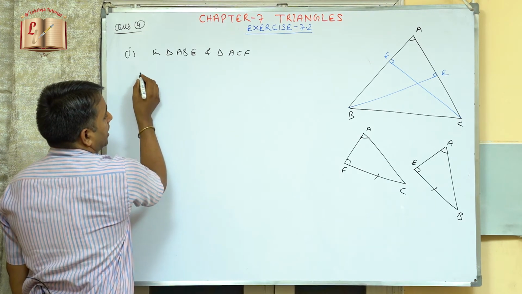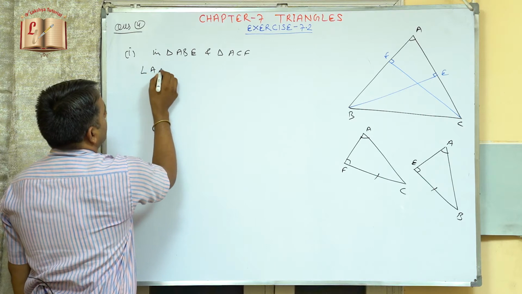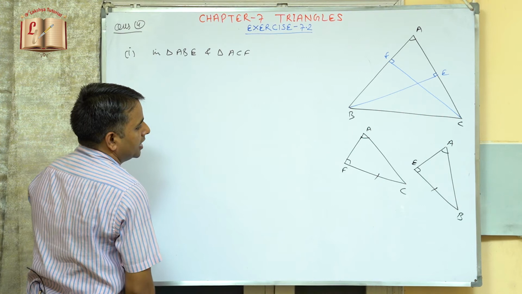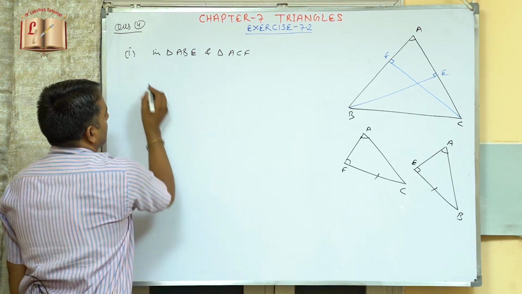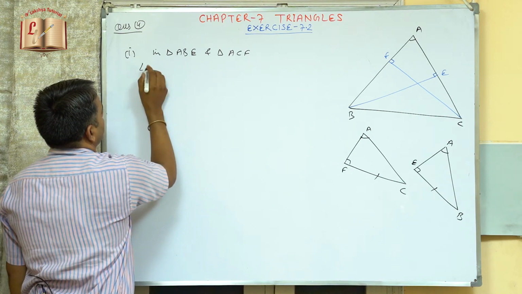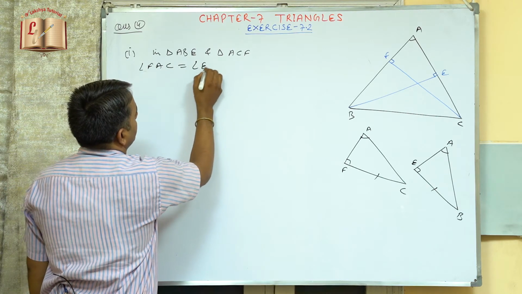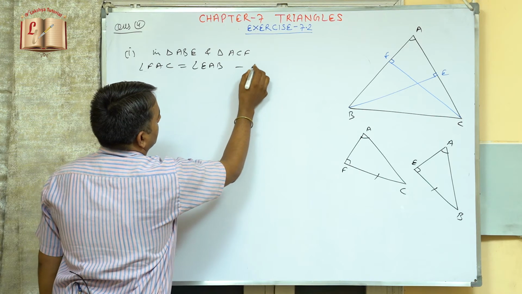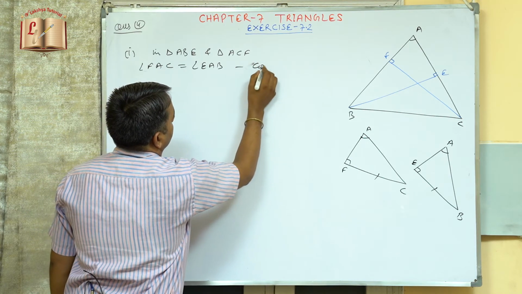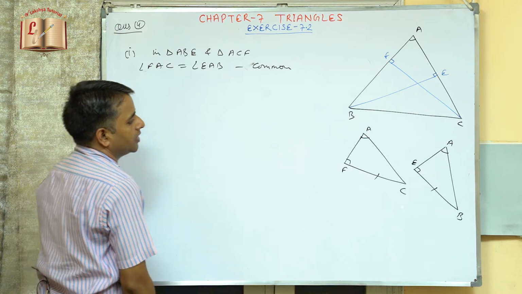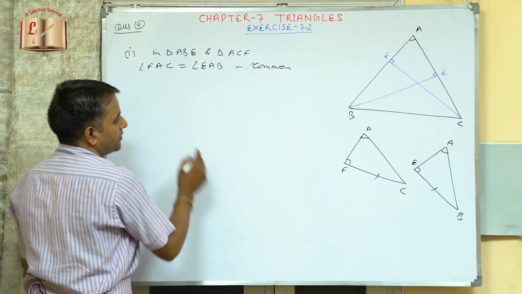Now we will write all these conditions. So in this triangle, angle FAC is equal to angle EAB. This is common. And next one is angle AFC.